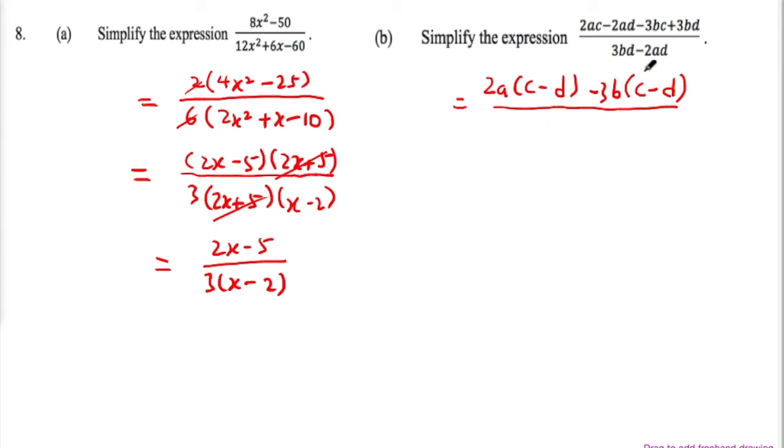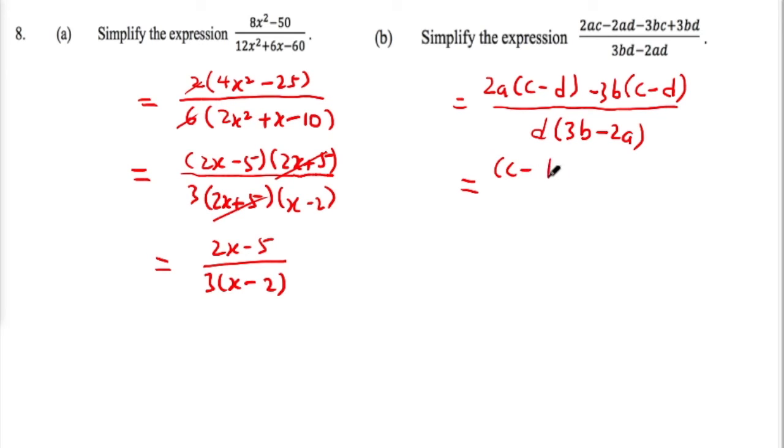In the denominator, we see that d is common, so we factorize out d, giving us 3b minus 2a. Now we can see that there is a common factor of c minus d in brackets.